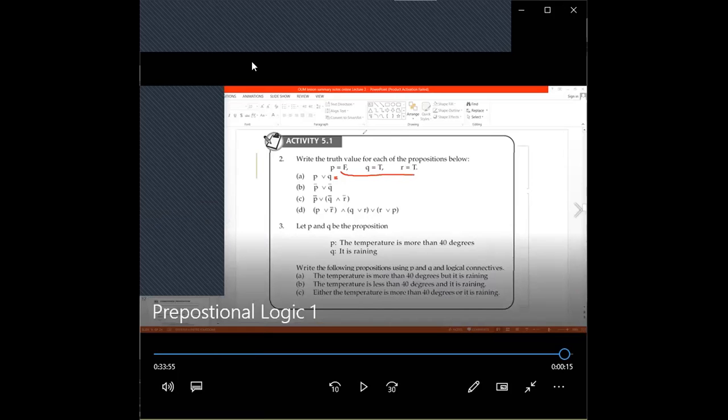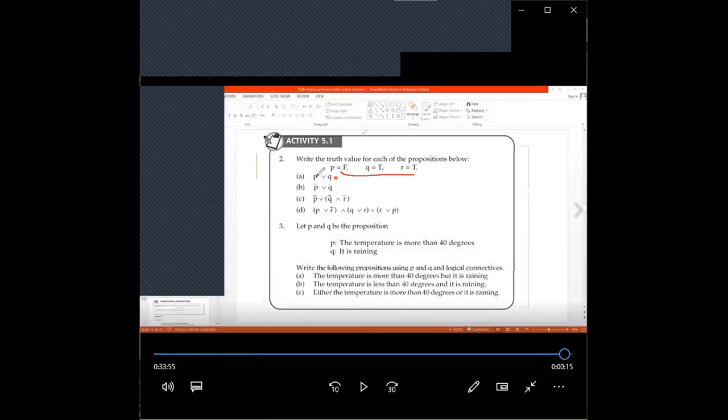Let's check whether that is true. The statement says P is false, Q is true, R is true. So if you have P or Q, that will be false or true, and from the table, this is going to be true. So Kobe is right.